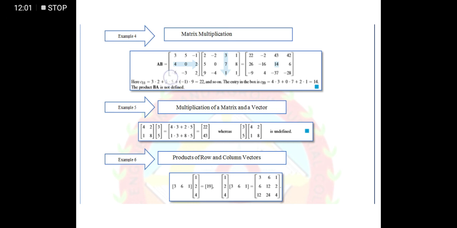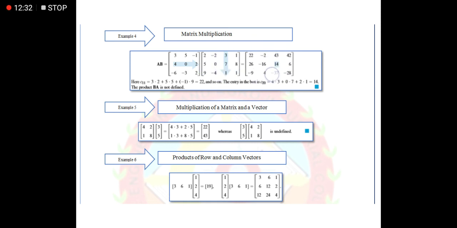Same. This 4, 0, 2, if you multiply it with 2, 5, and 9, its location is this 26. So, if you notice the arrows here, the 4, 0, and 2, and also 3, 7, 1, if you multiply them, its location is in the third column and second row. This is our row, this is our column. So, third column and second row.